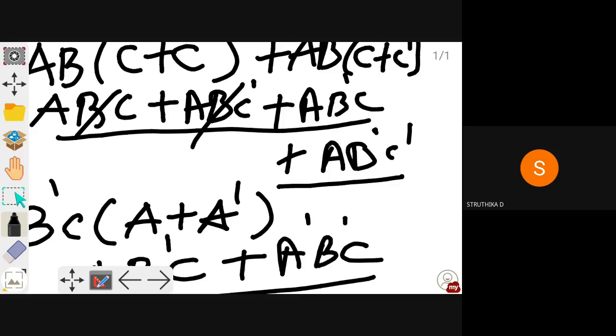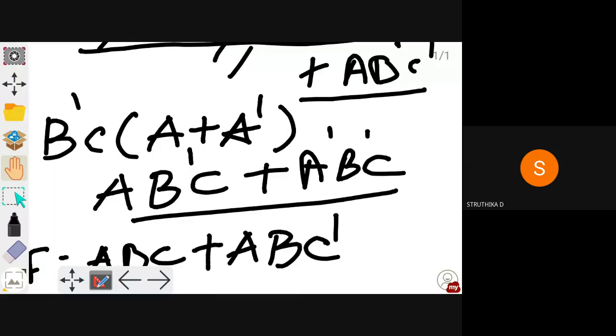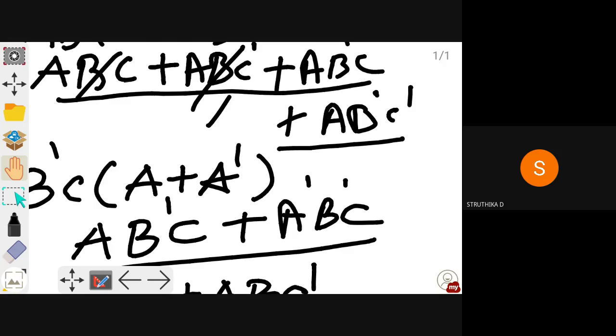Then AB dash C. So you see whether any terms are repeated or not. So the third term will be AB dash C. Here you also have another term AB dash C. So one term you cancel it. You write only once because x plus x is equal to x.